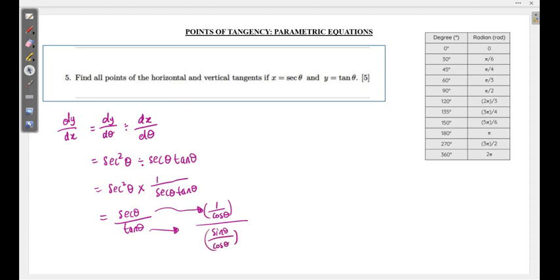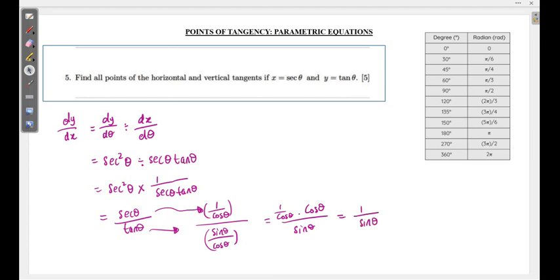So if we're to simplify this further, usually what I do is that if I see that I'm dividing by a fraction, I just take the numerator on top. So you're going to have 1 over cos theta times cos theta over sine theta. Then the answer will be 1 over sine theta.